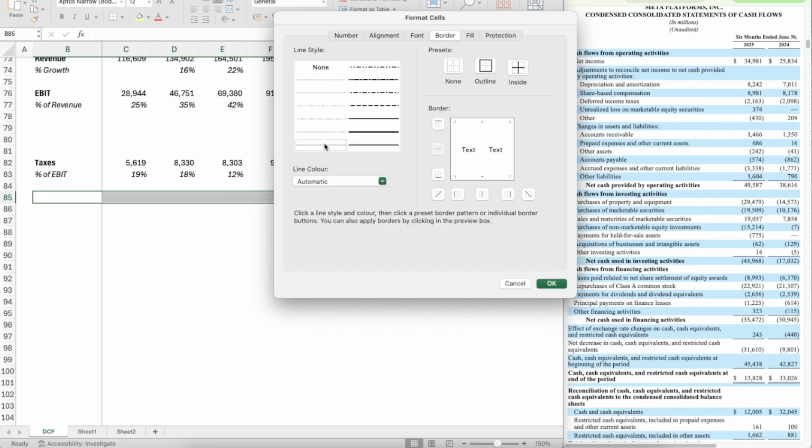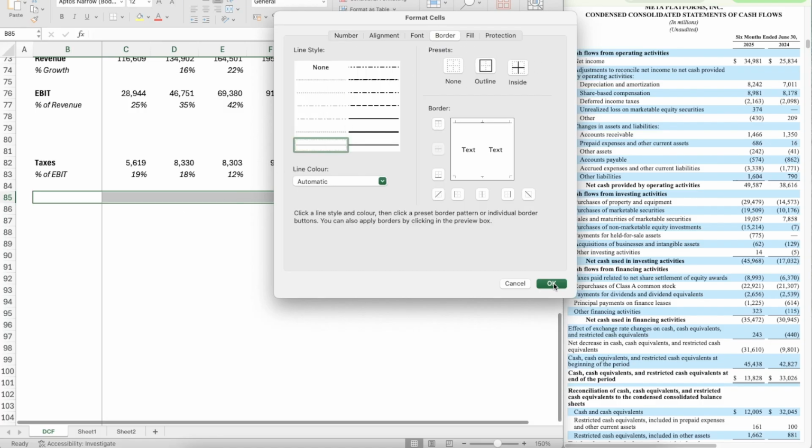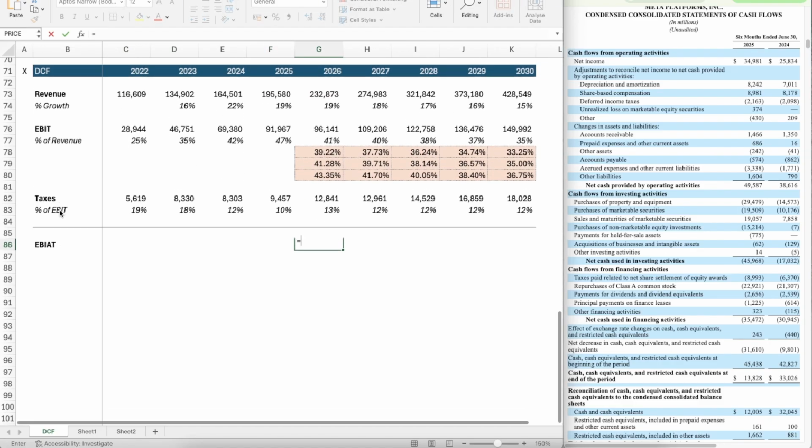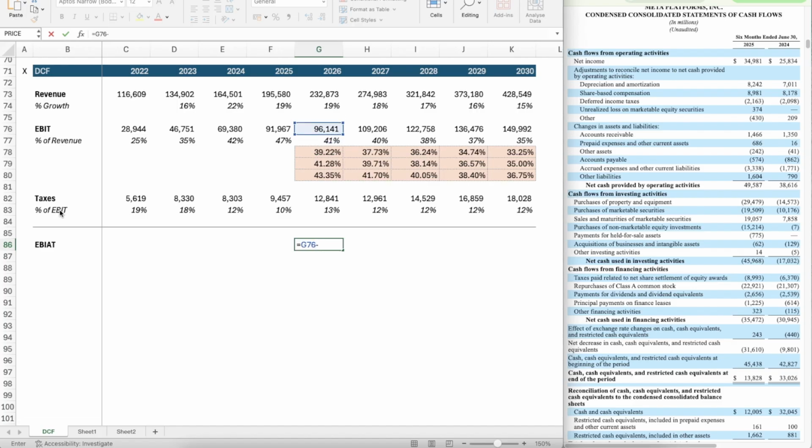Border, just do a line at the top. The next line we're going to calculate is the EBIT, which is the earnings before interest, but after tax. And we only need from 2026 onwards. We take the EBIT, and we subtract the taxes. And this gives us our EBIT, which we just copy over.